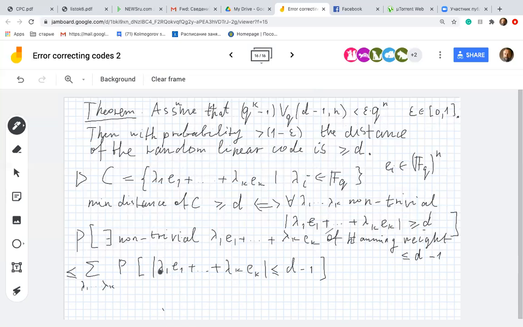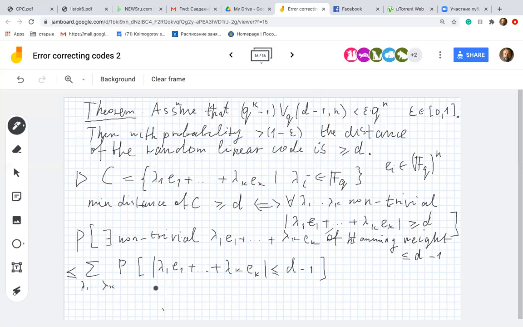If the combination is trivial, that means that all lambdas are 0, then of course this is always 0. Whatever ei we choose, it is 0. But otherwise, if at least one lambda is different from 0, then it has the uniform distribution.